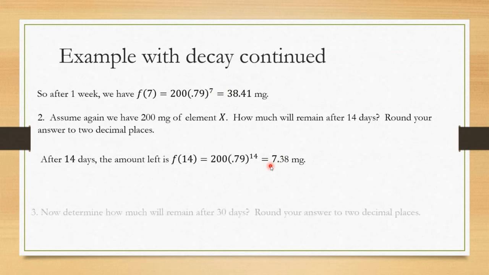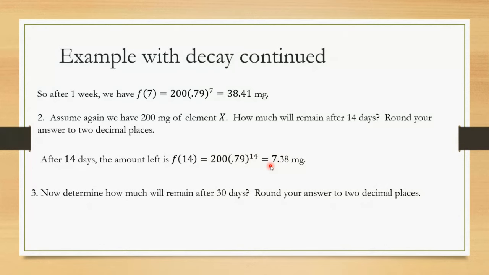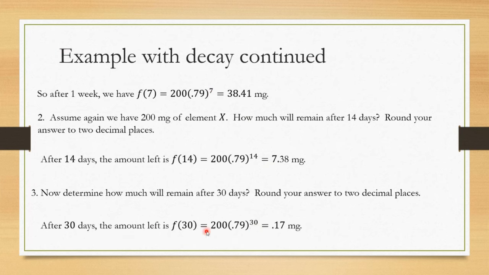For instance, here's another part of it. Let's suppose we want to know how much is left after 30 days. Well, we're going to replace X here by 30, okay?